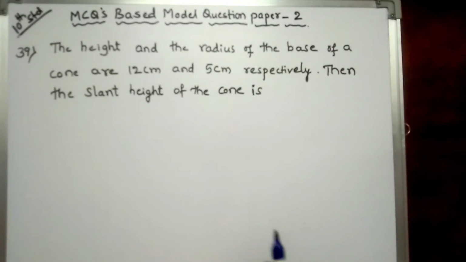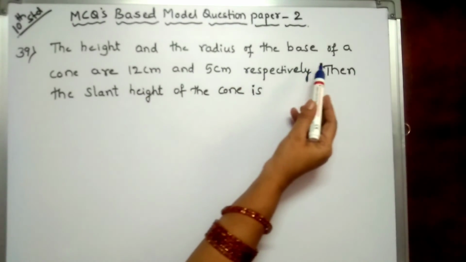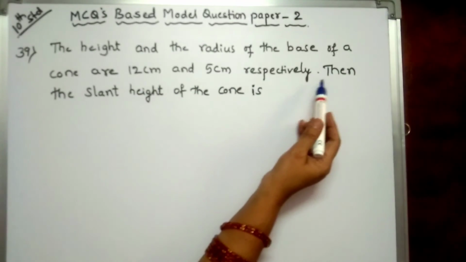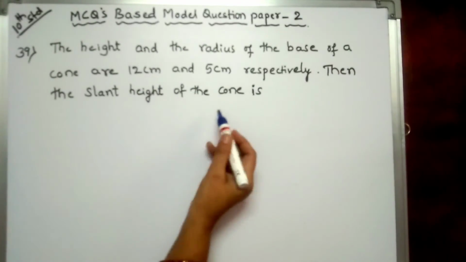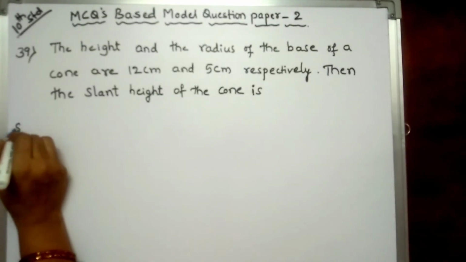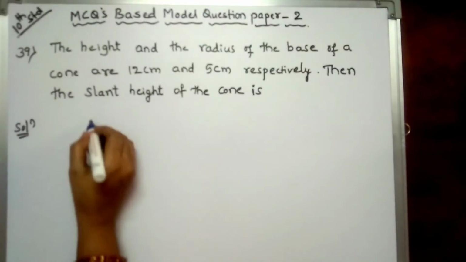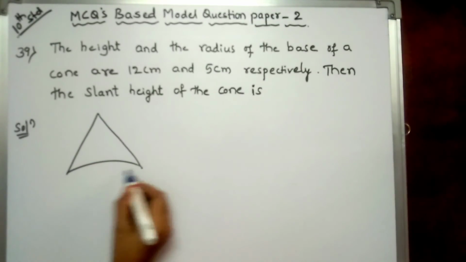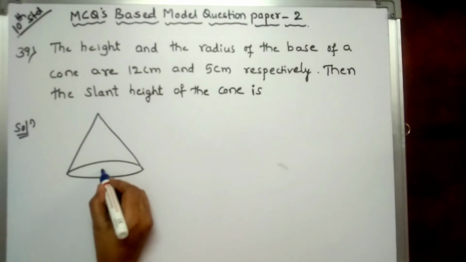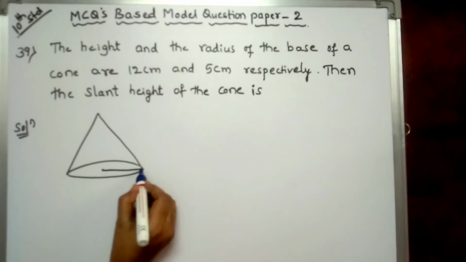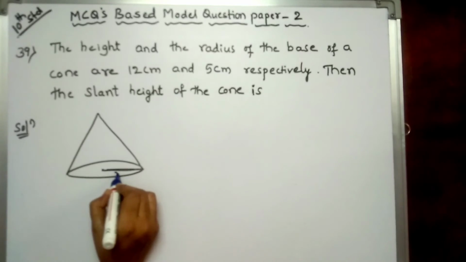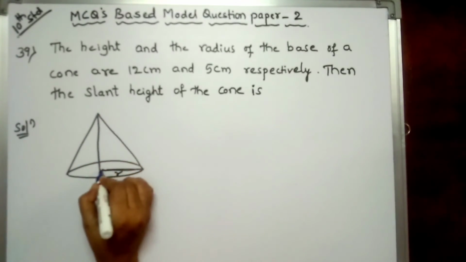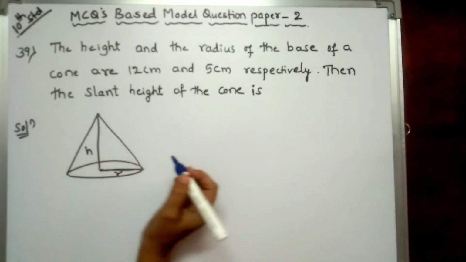Question number 39. The height and the radius of the base of a cone are 12 centimeter and 5 centimeter respectively. Then the slant height of the cone. It is a cone and it has a radius r and a height h.